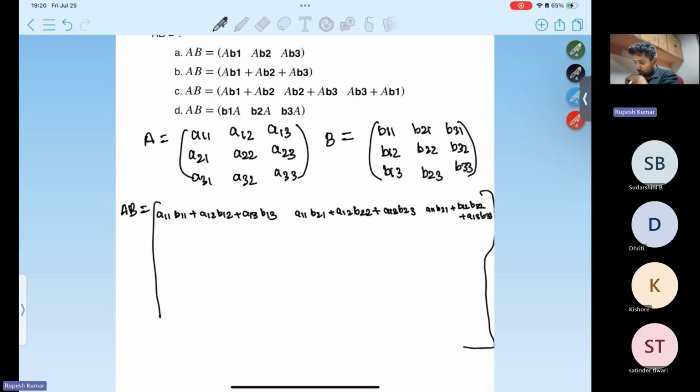Now for the second row, you will start with the second row, right? Let me use the summation term here.